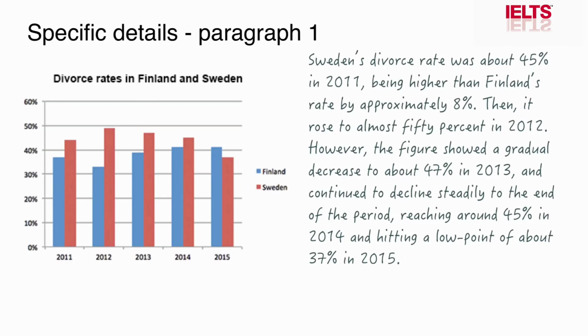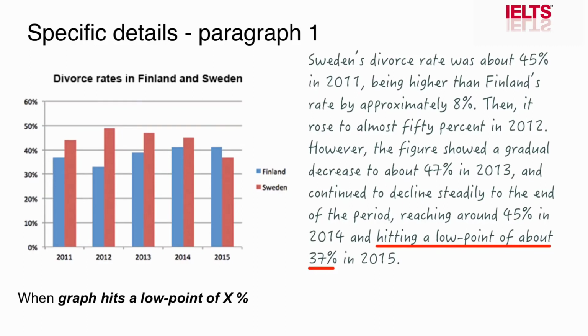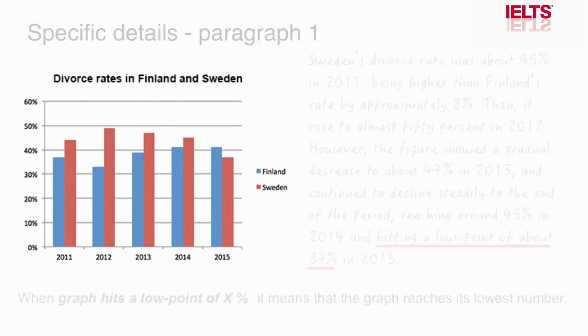And finally, pay attention to the expression that I used, "hitting a low point of about 37%." When a graph hits a low point of X%, it means that the graph reaches its lowest number. And this phrase is a great way of indicating what was the graph's minimum and in what year.